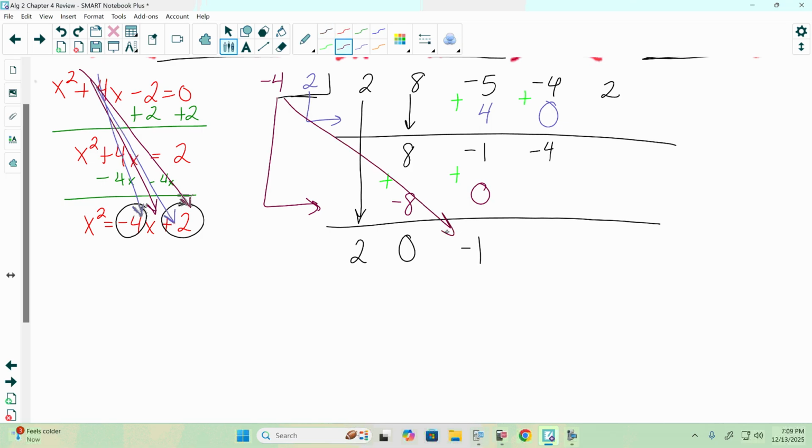And again, now we're going to multiply our negative 4 and negative 1. We're going to multiply those together. And then we're going to multiply our 2 and negative 1. And 2 times negative 1 is negative 2.